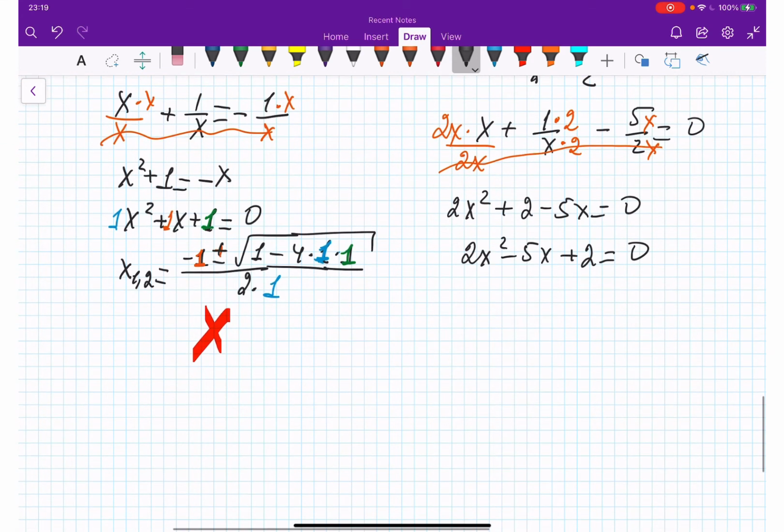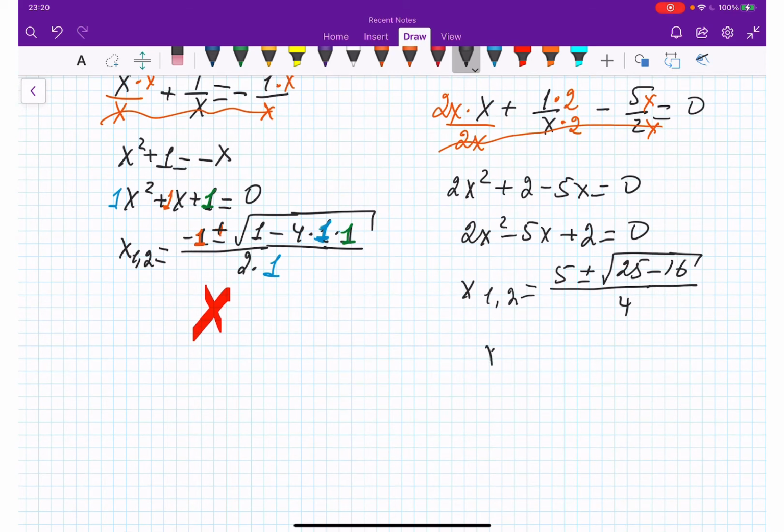So if I solve it real quick, x1,2 is equal to 5 plus or minus the square root of 25 minus 16, over 4, and x1,2 is equal to 5 plus or minus 3 over 4.